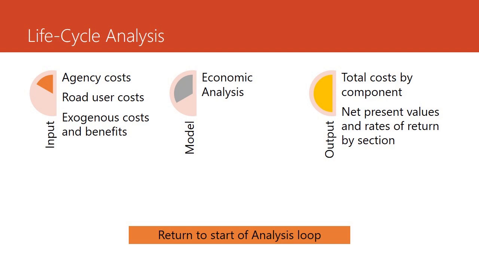This model integrates several types of input data, including agency costs, such as construction, maintenance, and rehabilitation expenses; road user costs, including vehicle operating costs, travel time, and accident-related losses; and exogenous costs and benefits, such as environmental impacts or broader economic effects not directly borne by the road agency or users. With these inputs, the model performs a comprehensive evaluation of each alternative using discounted cash flow techniques.